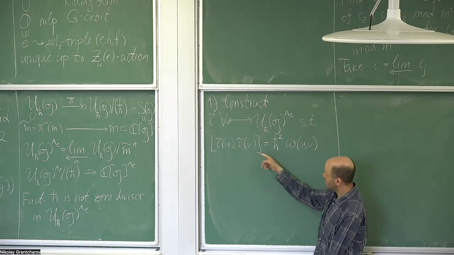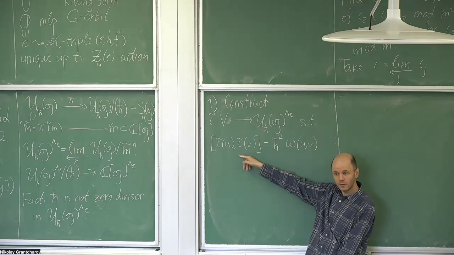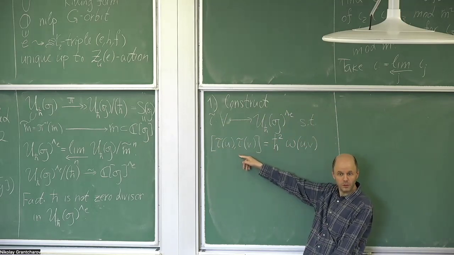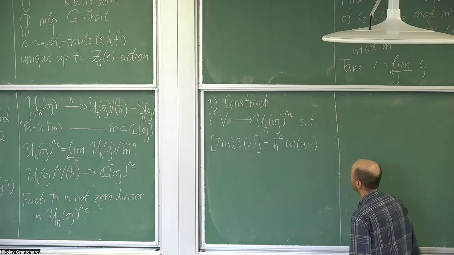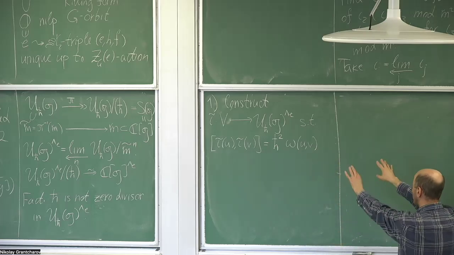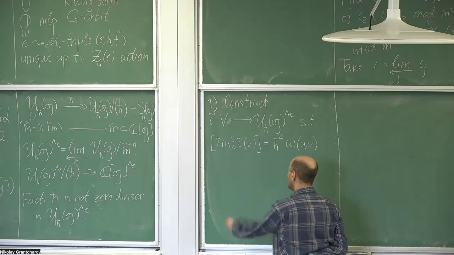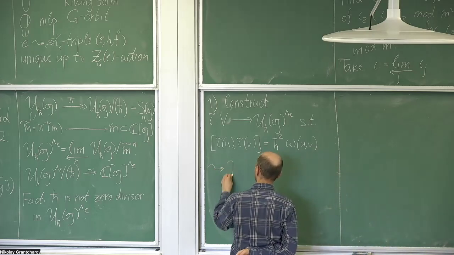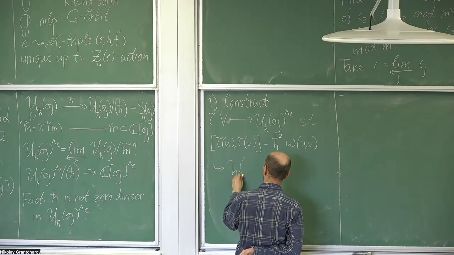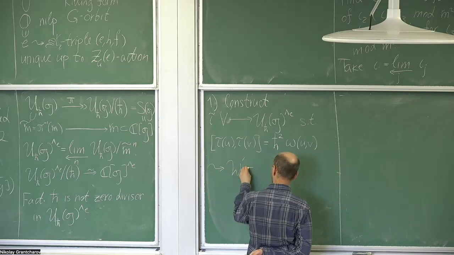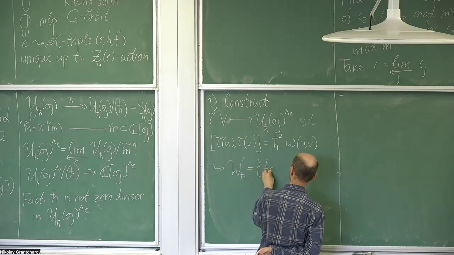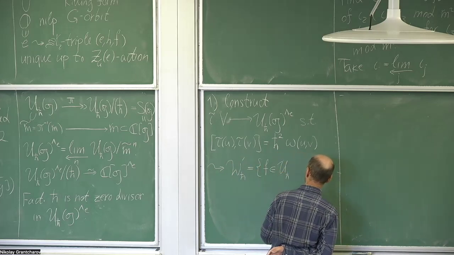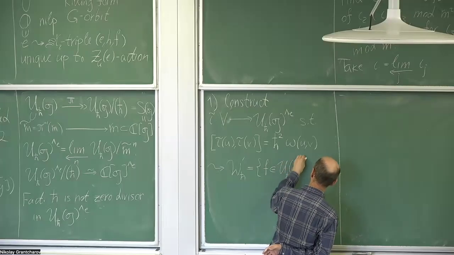This is divisible by H bar squared, so if I divide, we recover the Poisson bracket. Do this in the same way as before. Then I take W prime H bar to be the centralizer of the image of this map.